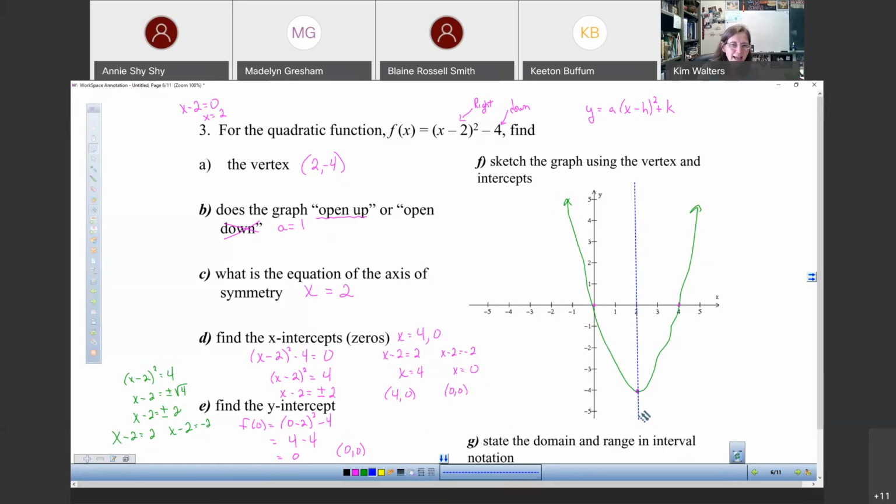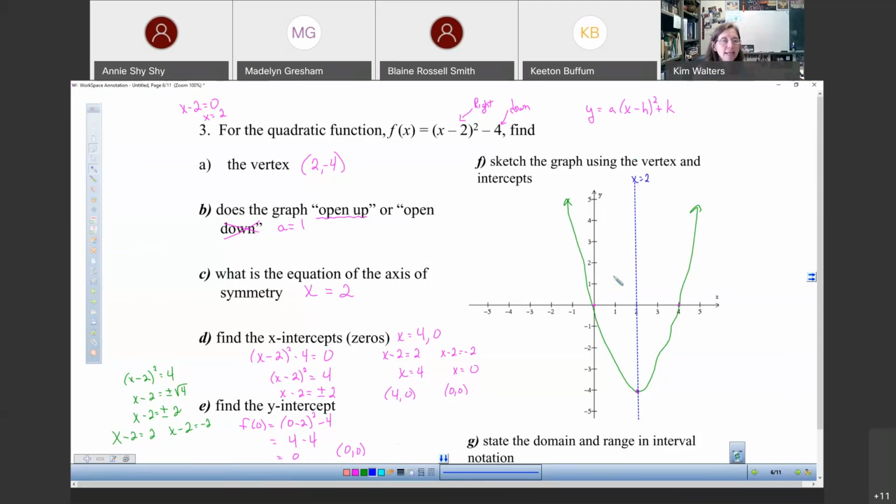There is my axis of symmetry. It's not part of my graph, but here is my axis of symmetry, a vertical line, and my graph should be the same distance on both sides. I can't draw it perfectly, but it's close enough.